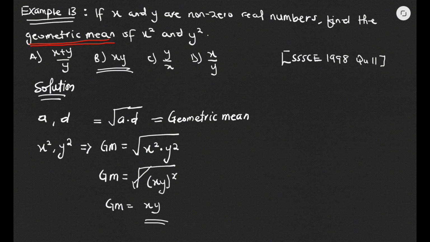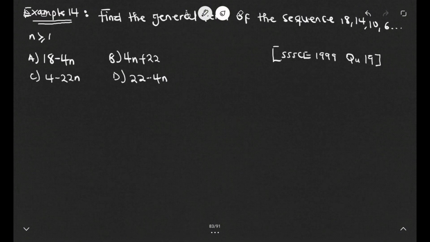All right, let's proceed to look at another problem. Now example number 14, we are to find the general term of the sequence 18, 14, 10, 6, and so on, where n is greater than or equal to 1. We have option A, 18 minus 4n, option B, 4n plus 22, option C, 4 minus 22n, and option D, 22 minus 4n.